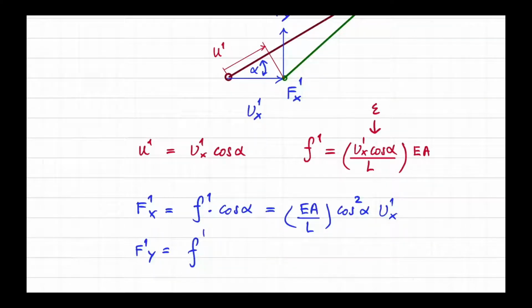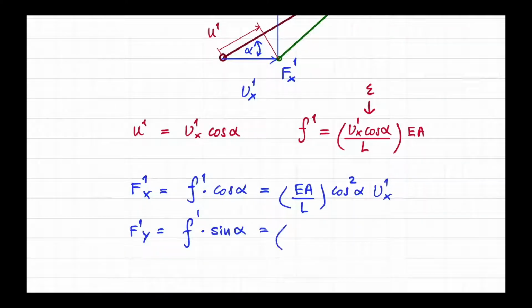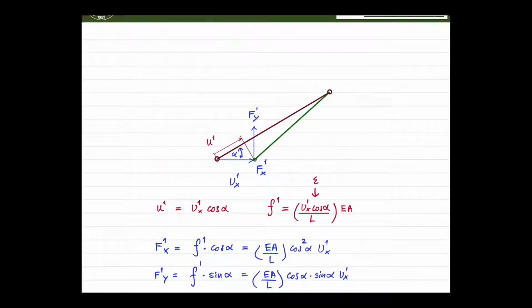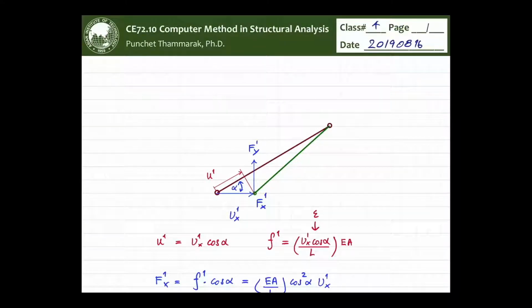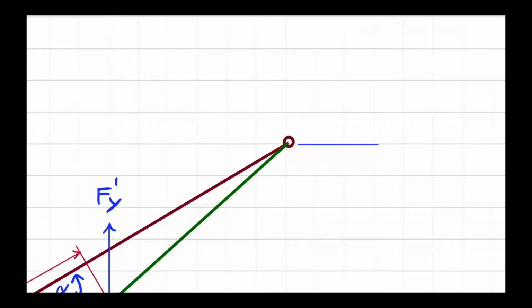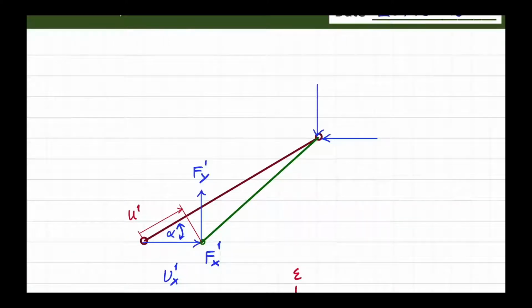That is F1 times sine alpha, and then you will end up with the EA over L cosine alpha times the sine alpha U1x. In the meantime, you need something to counterbalance, so there are F2x and F2y.